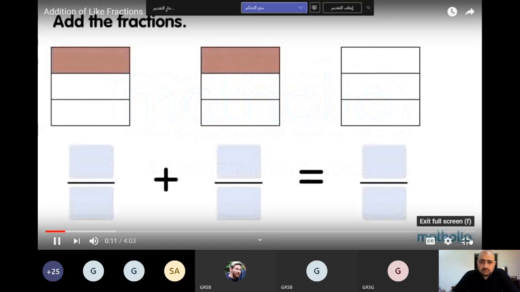Add the fractions. In this shape, one of the three equal parts is shaded. 1/3 of the shape is shaded. In this shape, one of the three equal parts is shaded. 1/3 of this shape is shaded. Let's add the fractions.